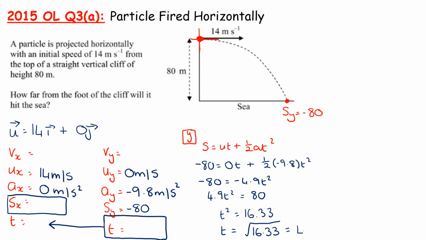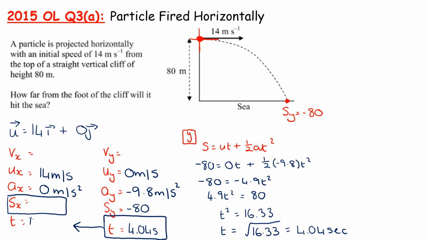So we get 4.04 seconds. Now, if I had used my acceleration as 10, we would have just got 4 seconds there, but we're working towards higher level questions, so we're going to keep that minus 9.8 and we're not going to round it to 10. So 4.04 seconds.